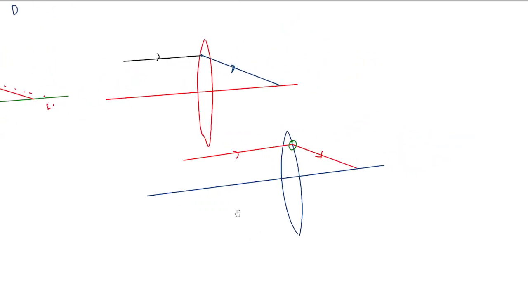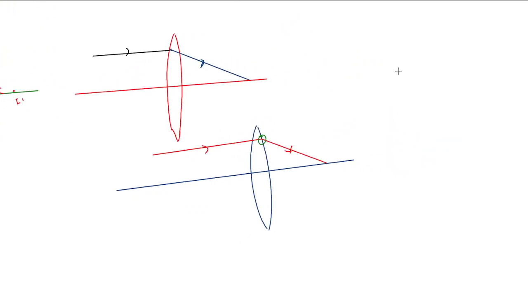Or some more books will show the deviation at the middle of the lens. So you can draw a line like this. You can think of a line drawn from here to here. Some books will show the deviation or refraction at the center of the lens through this point.